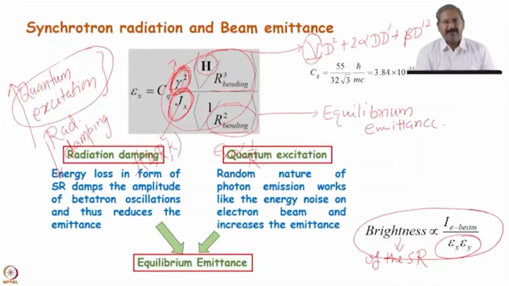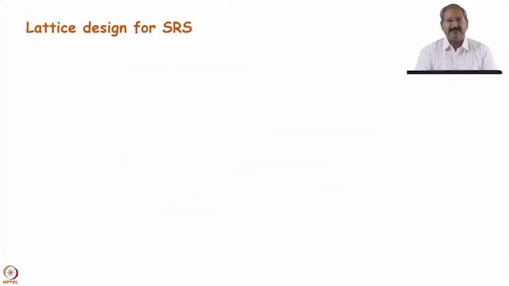So by properly shaping the dispersion in the optics, means properly choosing and optimizing the magnets so that your dispersion is in the desired way, then you can control the beam emittance or you can reduce the beam emittance. So this is the major goal of a synchrotron radiation source designer, that how to reduce the beam sizes, how to reduce the beam emittances, and this reduced beam emittance enhances the brightness of the emitted radiation.